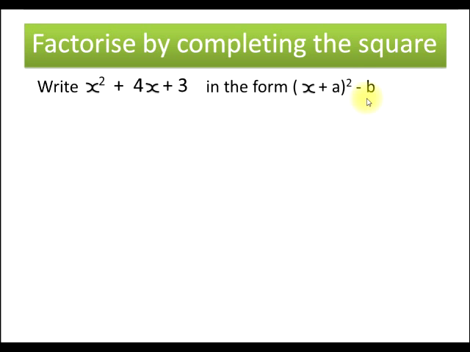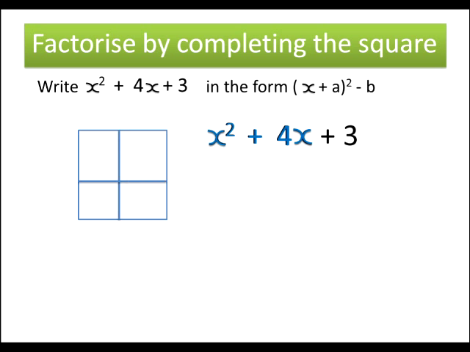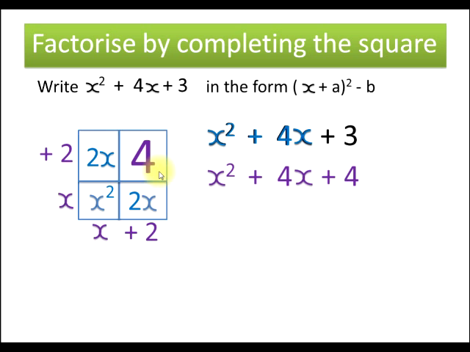So you'll notice on this one I've changed this to a negative, suggesting that it should be a negative. And they'll probably do that in your test as well. So first two terms, split this in half, so it's 2x and 2x. Fill in the outsides. When I complete the square, that will be a 4. So I'm going to rewrite all of this, so x squared, 4x plus 4.